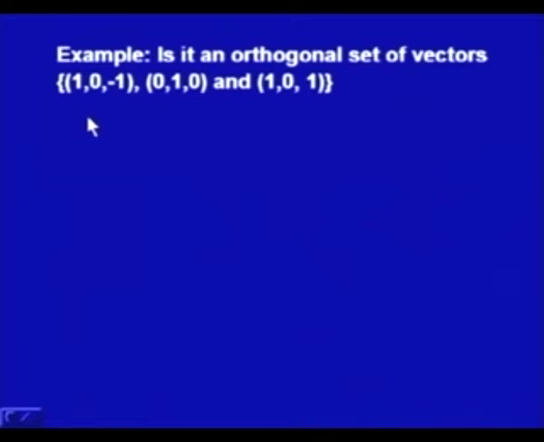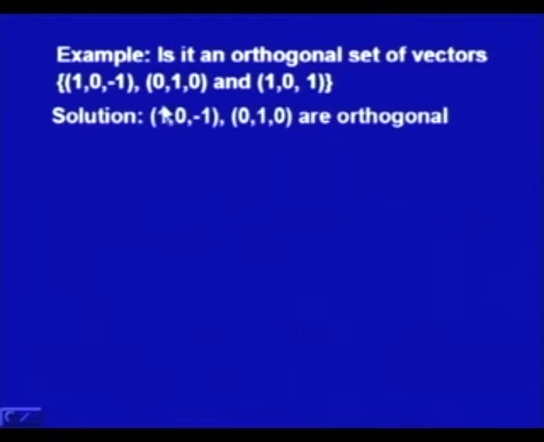Now, as an example, I have given a set of 3 vectors: (1, 0, -1), (0, 1, 0) and (1, 0, 1). We have to find whether this is an orthogonal set of vectors or not. To check this, we have to see whether each pair is orthogonal or not.